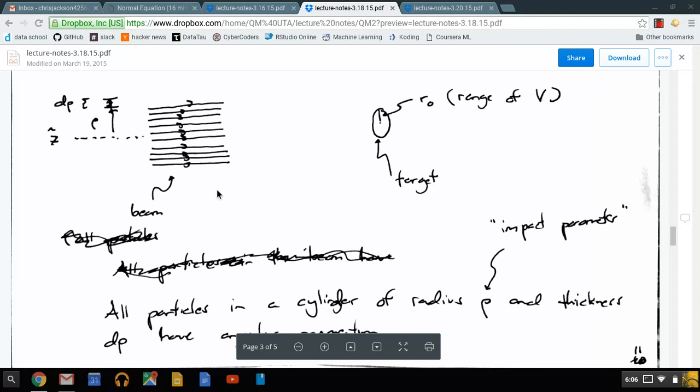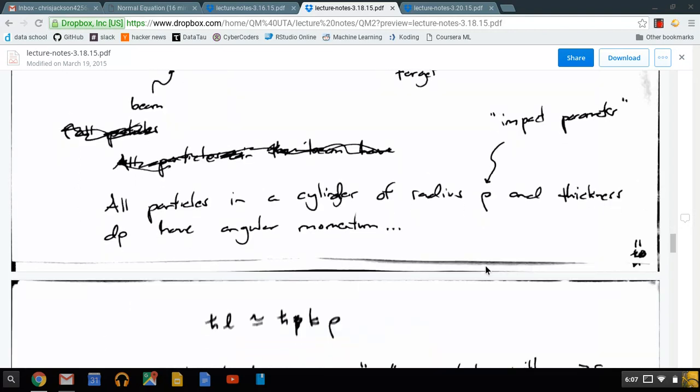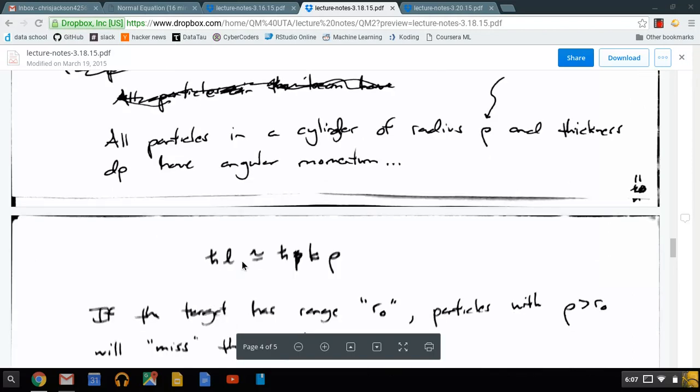Remember, rho is called the impact parameter. All particles in this cylinder have an angular momentum which goes like h bar L, and on dimensional grounds, h bar L is on the order of k times rho.